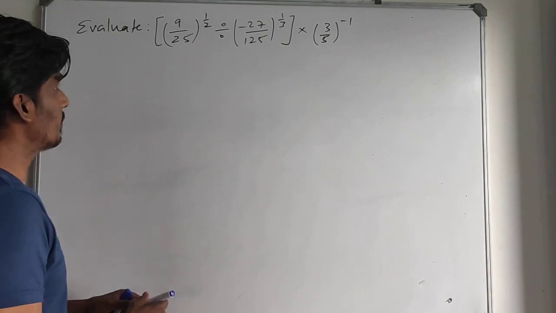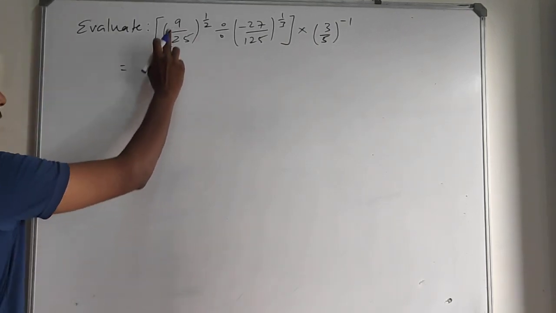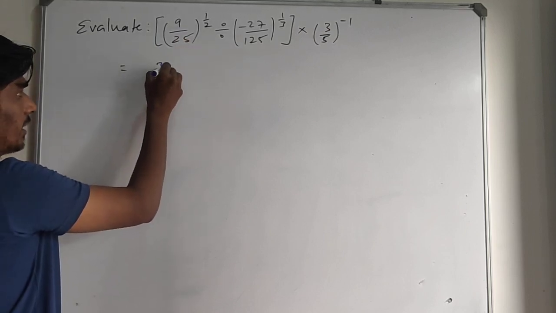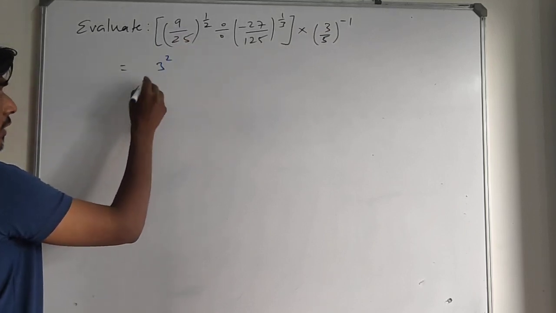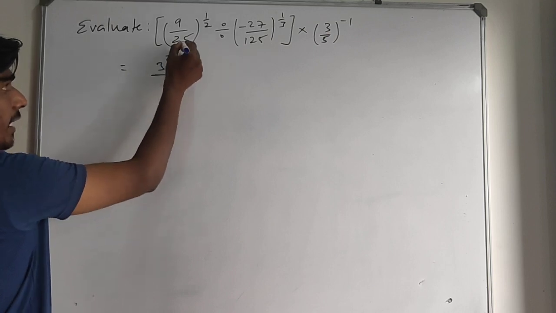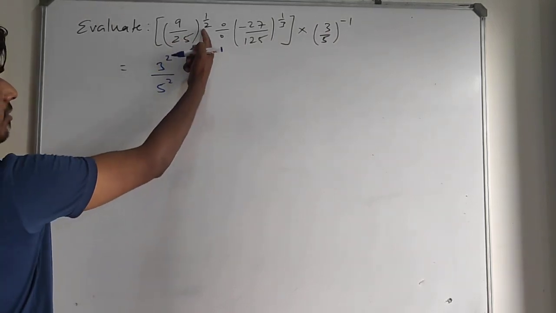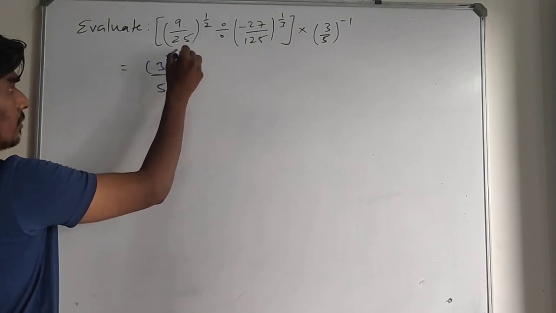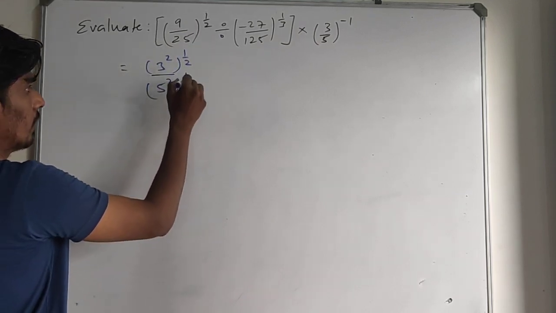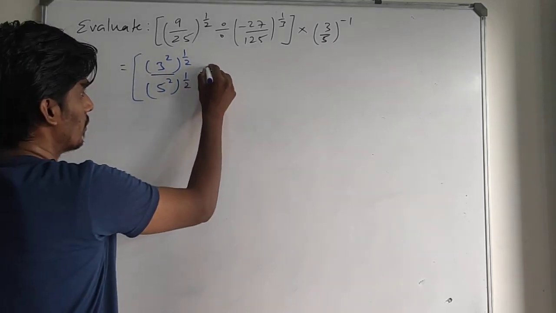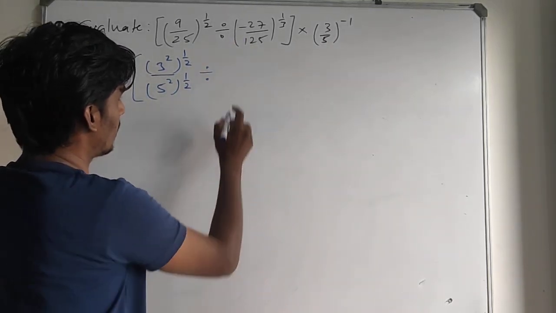Let's try to solve this one. In the first step only I am going to convert all these numbers. 9 I am going to convert as 3 square, and instead of 25 I am going to write 5 square. This power will apply on both the numbers, 1 by 2 and 1 by 2. Keep the bracket closed, divide by this.